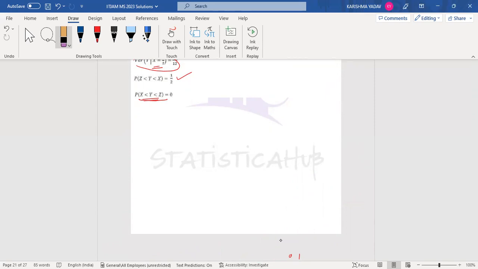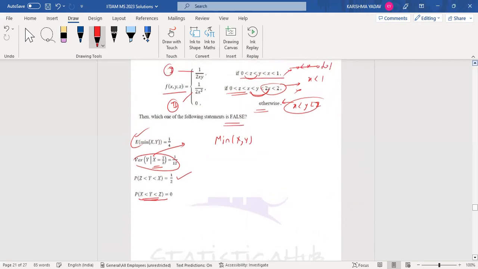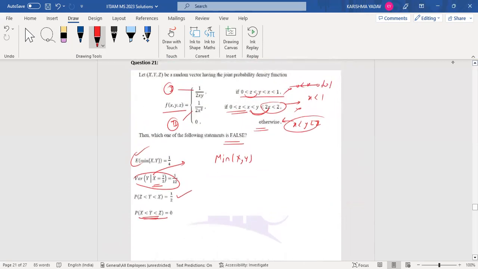These are the two possible cases in this minimum of x comma y. If you look at these two regions, here y is less than x, and here x is less than y. These are the two possible cases that have to be formed in this minimum.